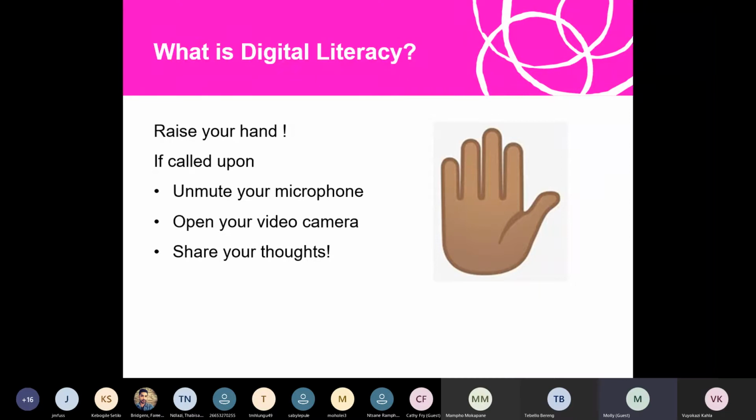What is your understanding of digital literacy as a core skill? So you can unmute your mics and respond. You can respond on the chat or you can respond on WhatsApp. So as you can see, we are using a digital medium to respond.